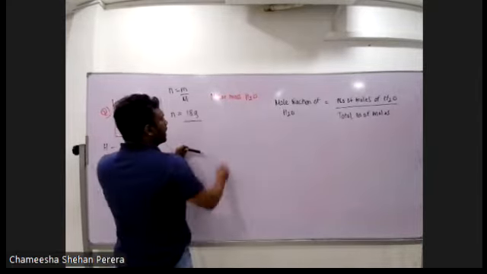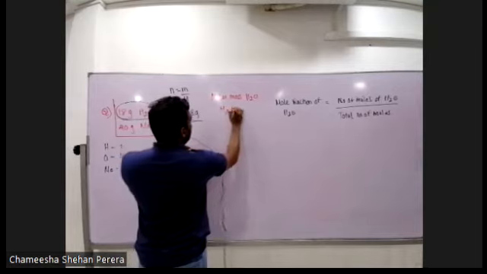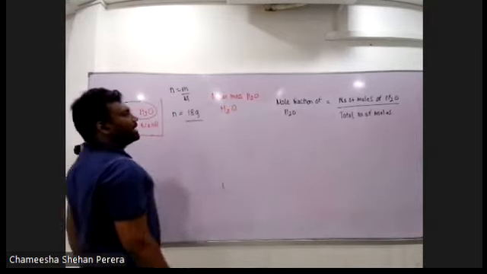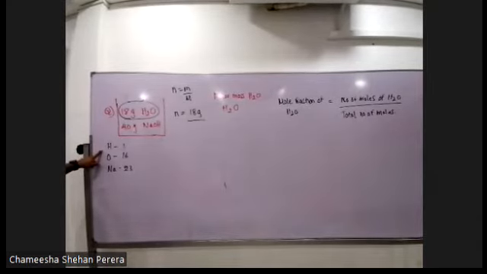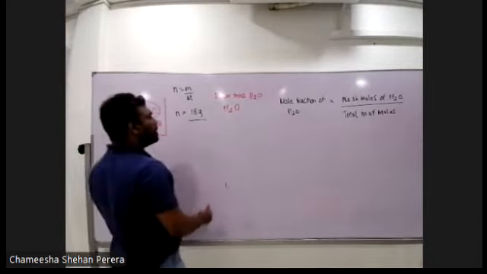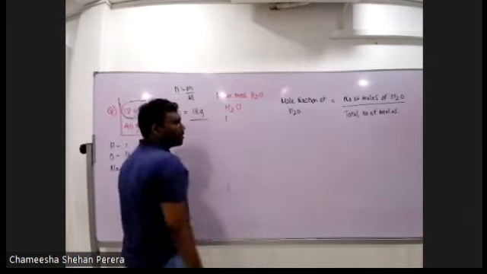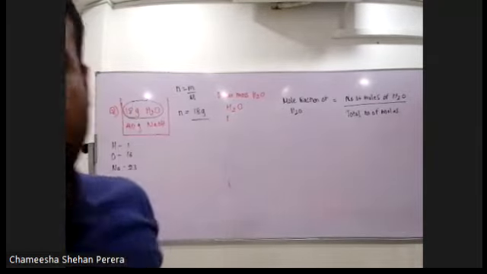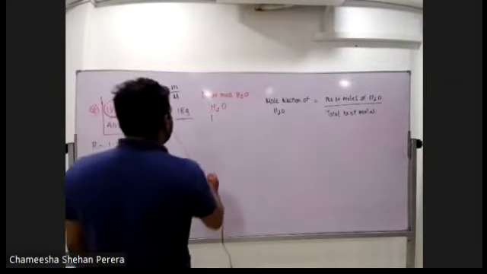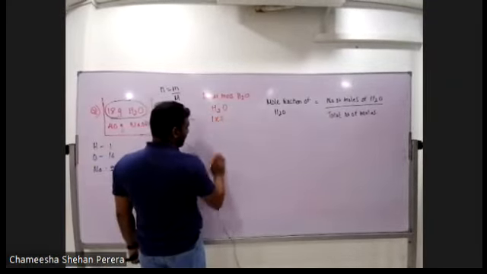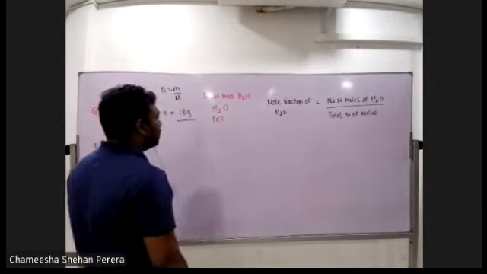How to do that? Write the water molecule. Tell me, Upeka, what is the relative atomic mass of hydrogen? 1. How many such hydrogen atoms are present in this water molecule? 2. So 1 into 2 will be the total mass of the hydrogen atoms in the molecule, isn't it?